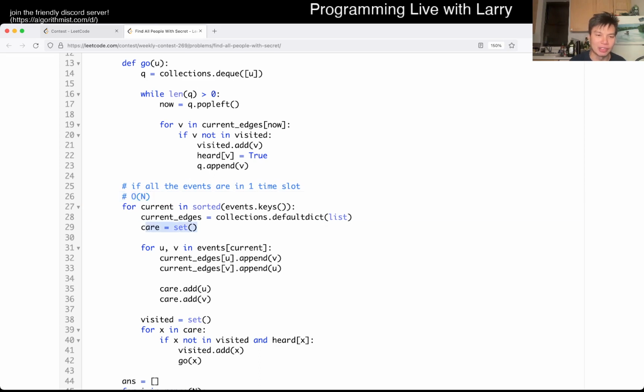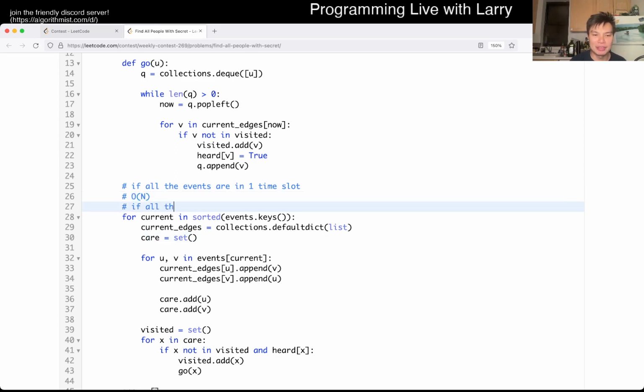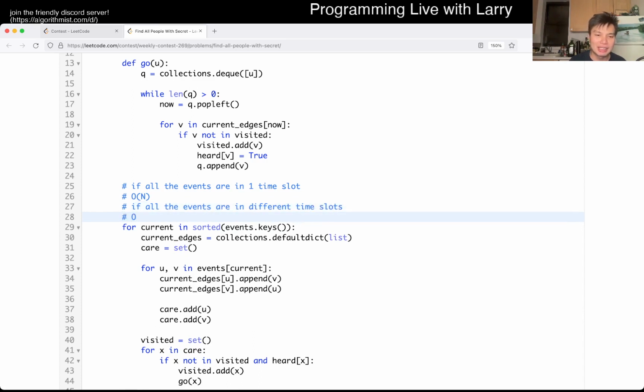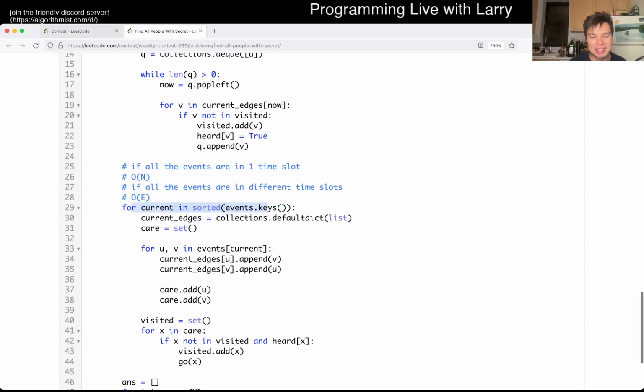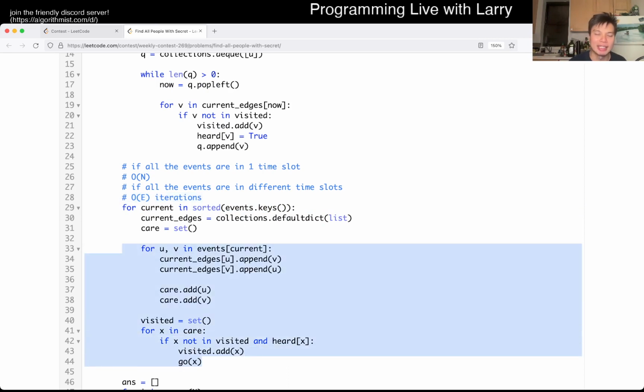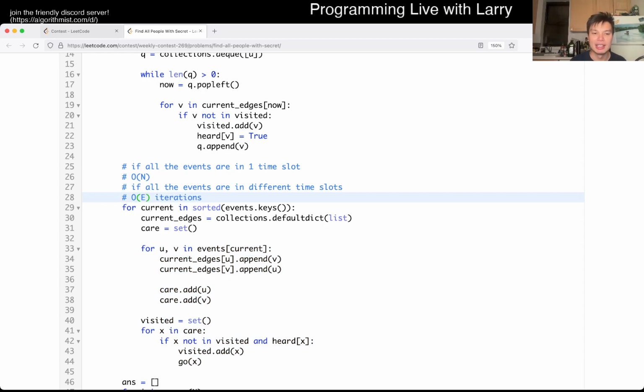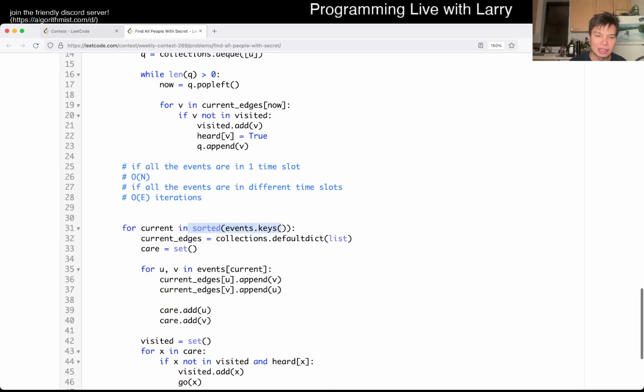If all the events are in different time slots, then technically there are O of Y iterations, but each will just have two items, right? So that means that this is O of Y. Of course, there's the sorting of the keys, so this is going to be O of Y log Y. So then you could say that the complexity is roughly O of N plus Y log Y.